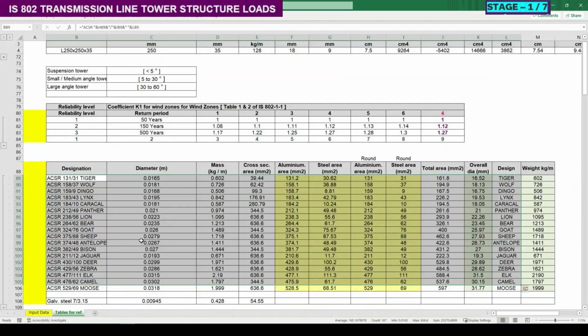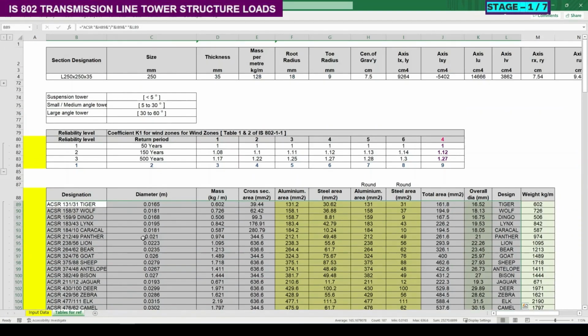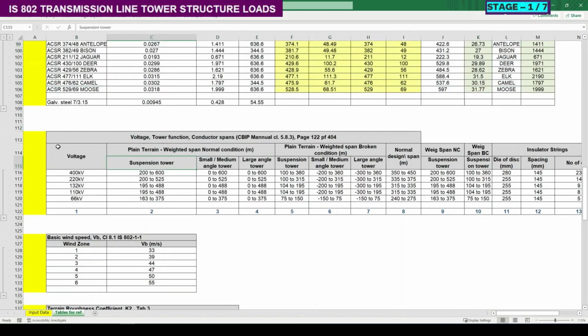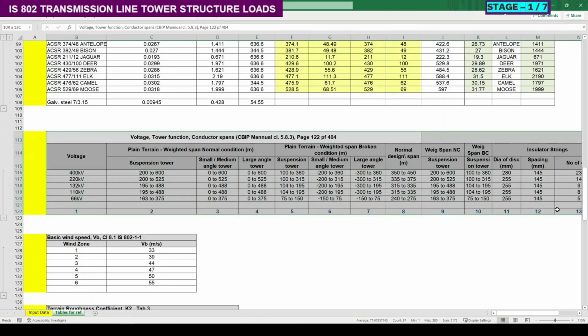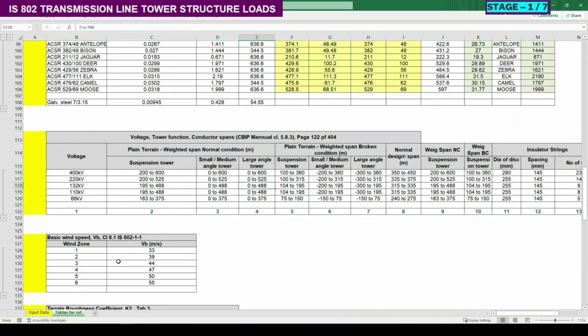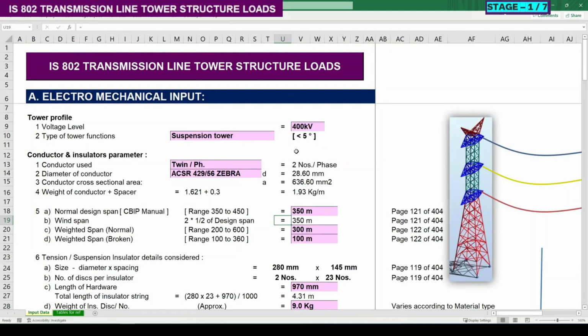For that we have a separate table here, according to the CBIP manual clause 5.8.3. This table will extract the ranges which are showing here for normal design span, wind span, weighted span normal condition, and weighted span broken wire condition.